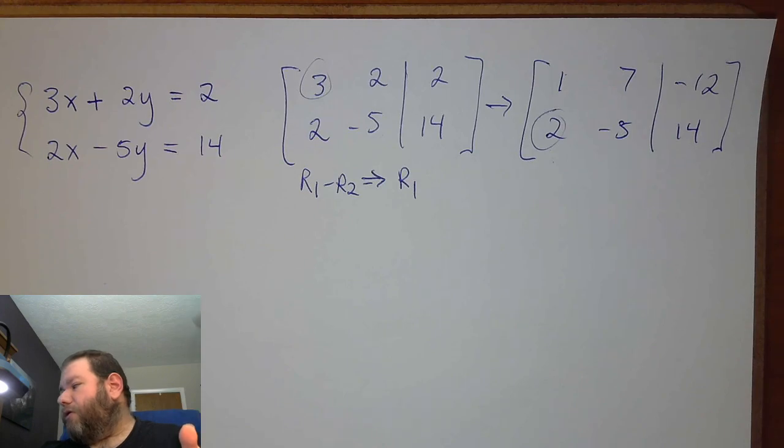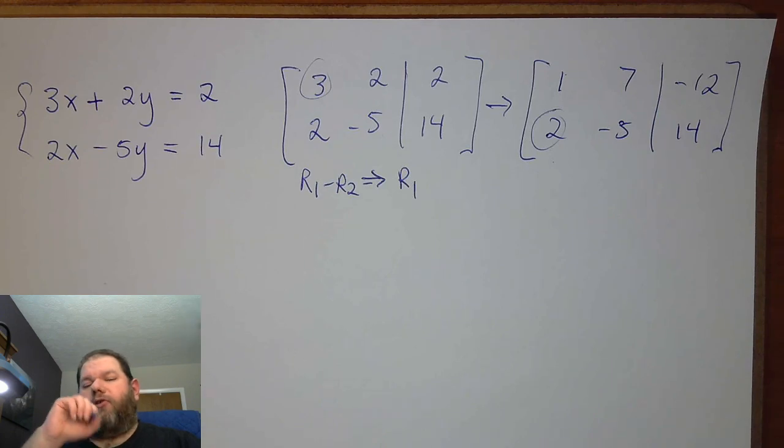Row 1 times... can't multiply 2 rows either. That's not a valid operation. We can multiply one row by a number by itself, and we can add 2 rows or subtract 2 rows or a multiple thereof.